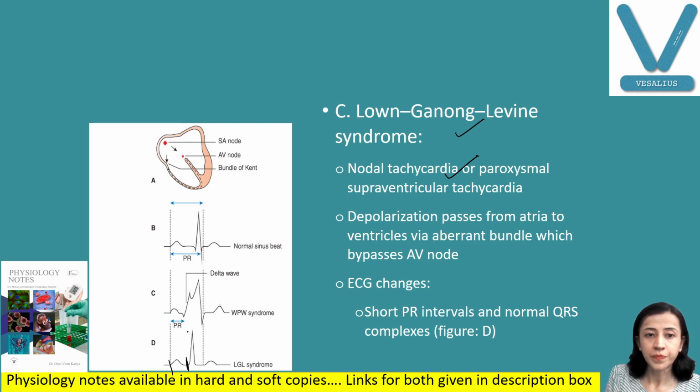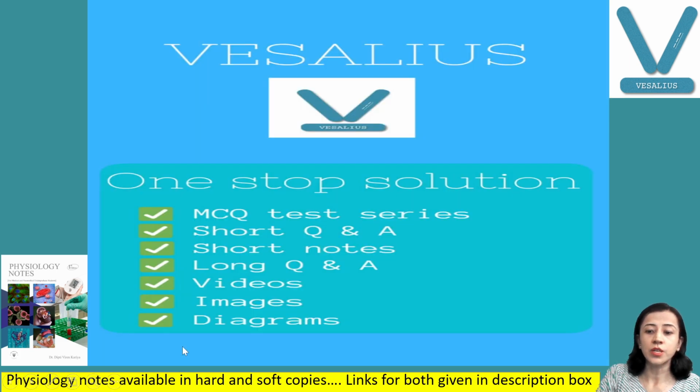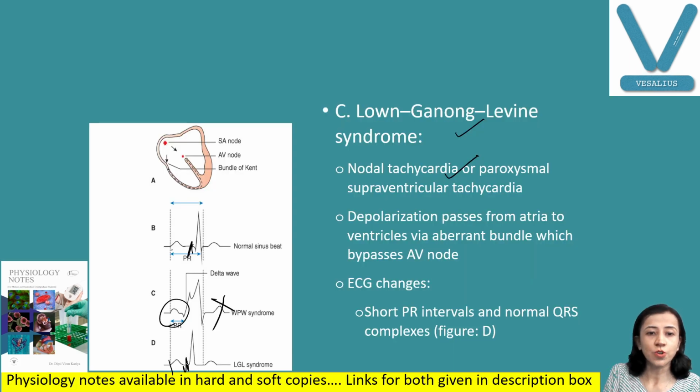PR interval is short when you compare with the normal one here, not with this one, where you may get confused. So the PR interval is short, and QRS is normal. You can see here, this is a normal QRS. So short PR and normal QRS. So the PJ interval is also short here. PJ and PR are short, QRS is normal.